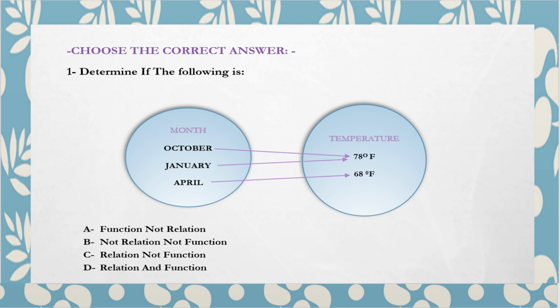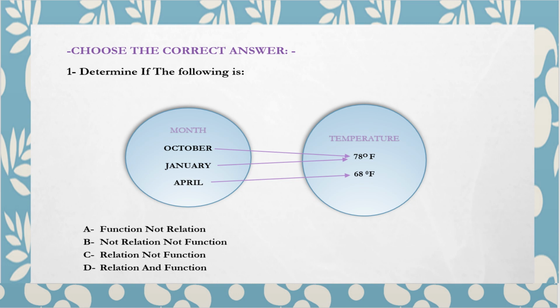Another example here, choose the correct answer. Determine if the following is function but not relation, not relation not function, relation not function, relation and function. Functions are a special case of relations. A function is a correspondence between two sets.